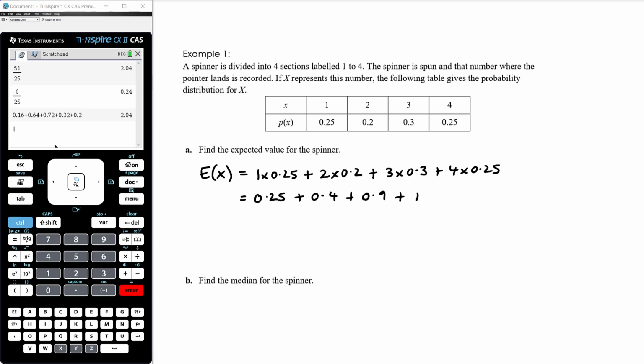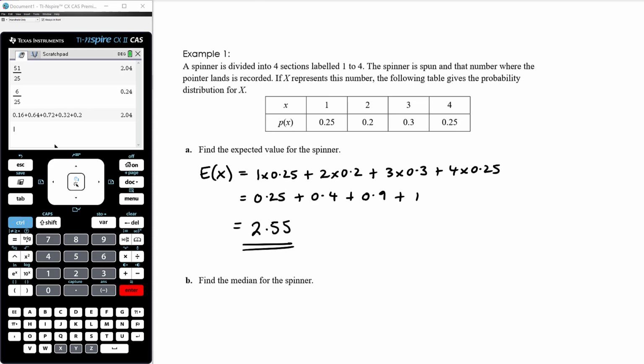Okay. So 0.4 plus 0.9 is 1.3, plus 1 is 2.3, and then plus 0.25 is going to be 2.55. So the expected value for the spinner is 2.55.